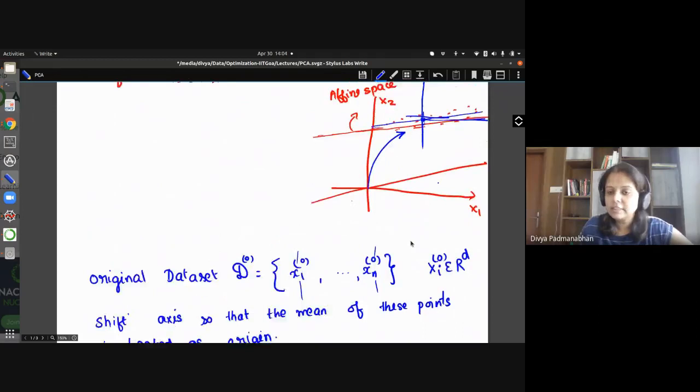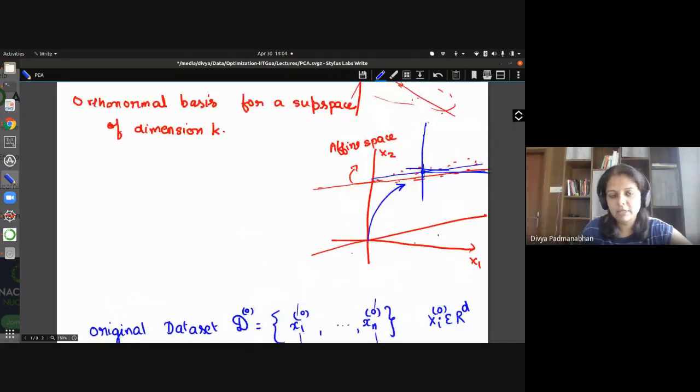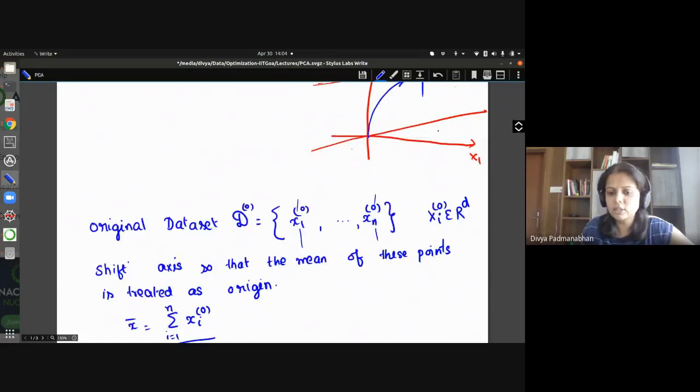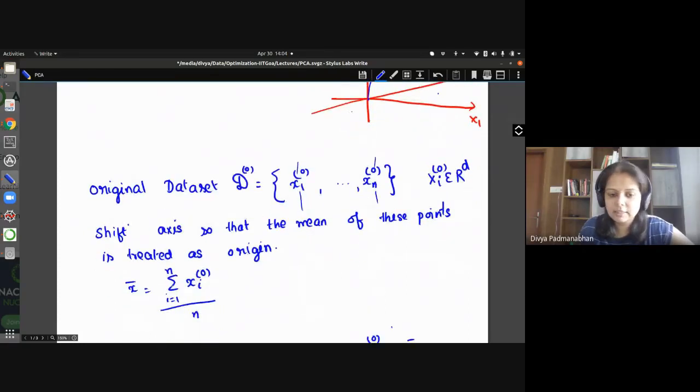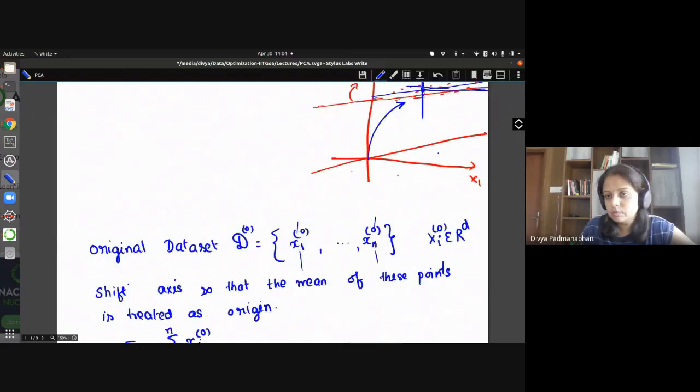The first thing you do, so that you can focus on subspaces, is move the origin to the mean of all these points. The mean is just the sum of all these points divided by n, the number of samples or points. Then you recreate these points with respect to a mean-centered origin, so that the origin is actually the mean.